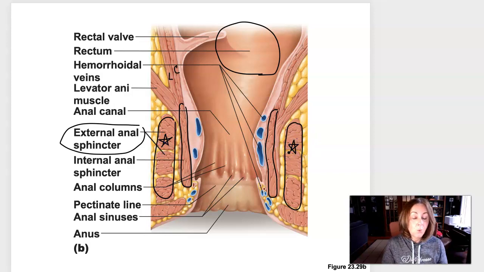And so when we consciously decide to relax the external anal sphincter, it will elicit a reflex response, a defecation reflex. So when we relax the external anal sphincter, the internal anal sphincter will also relax, and the rectum contracts, and that would eject fecal matter. Like I said, that's known as defecation.